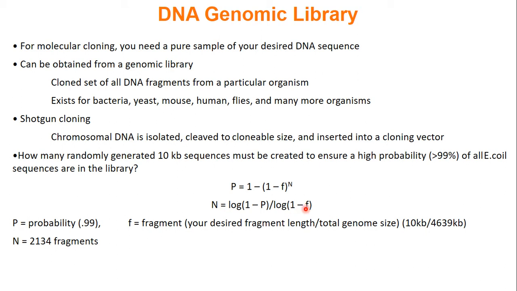I made a little bit of an error. f is actually the desired fragment length divided by the total genome. So here it's 10 kilobases divided by 4,639 kilobases, which is the size of the E. coli genome. If we solve for n, with probability being 0.99, we see that if we create 2,134 random fragments, we are 99% sure that we have any protein that we want.